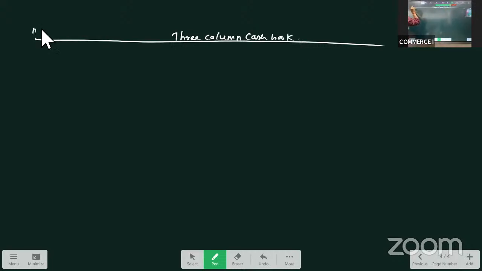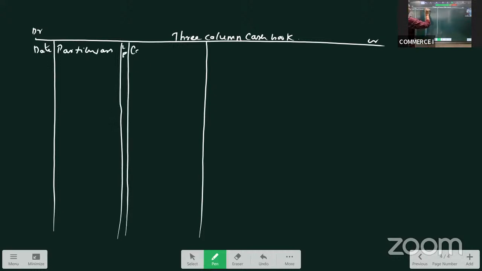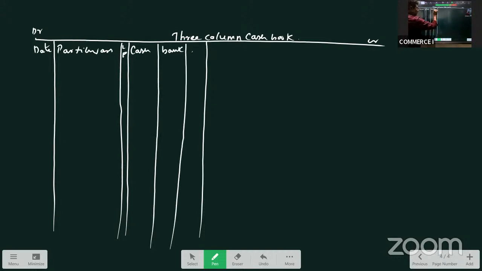3-column cash book. Debit, credit. Divide the page into 2. First column is date. Second column is particulars. We have LF, ledger folio, cash, bank, and discount allowed.